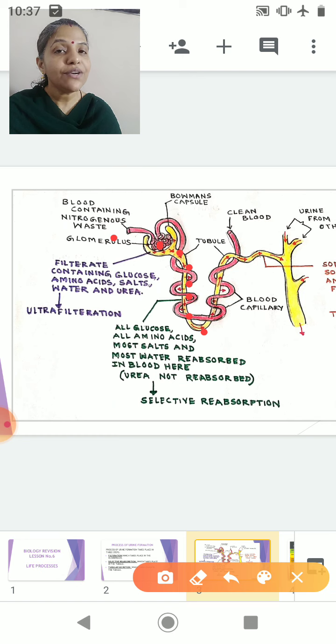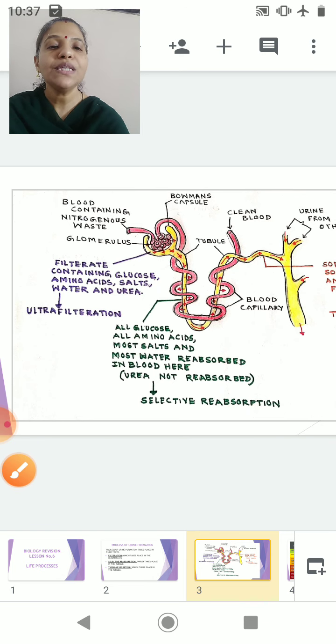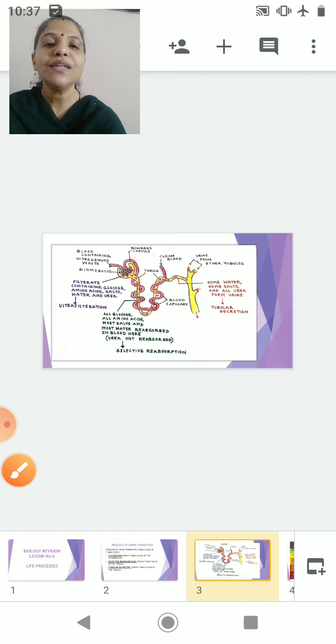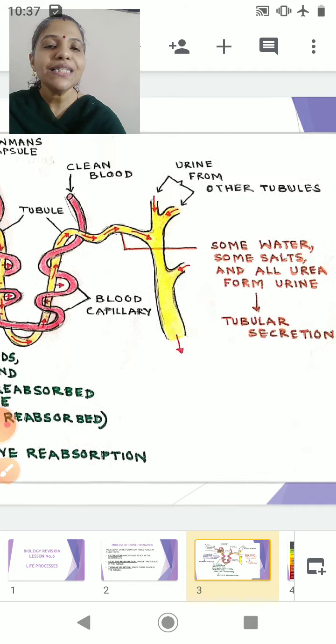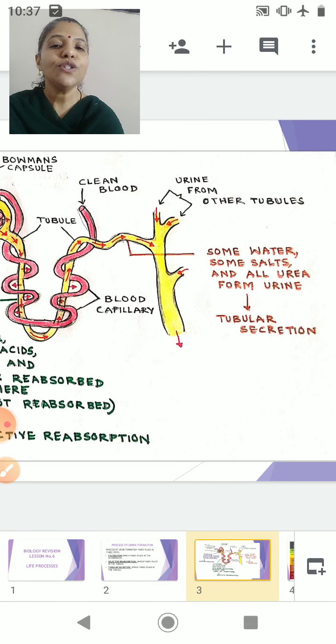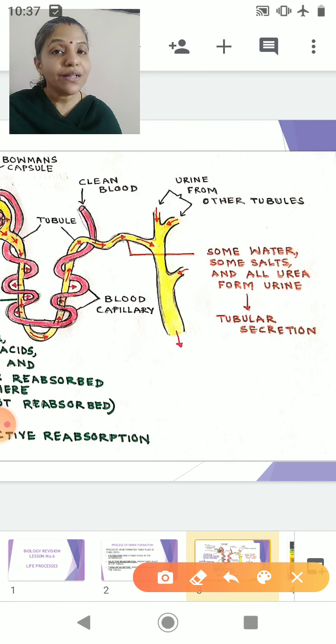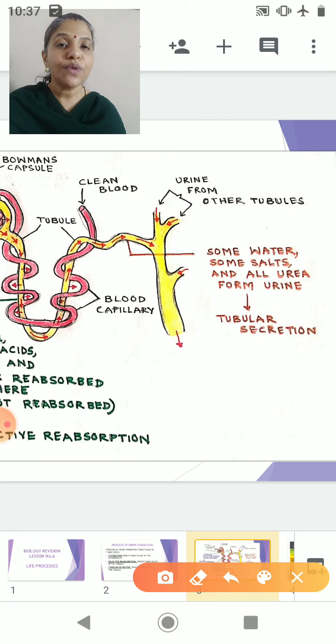Now after ultrafiltration and selective reabsorption, let us go to the third process, and that is nothing but tubular secretion. So now let us see the tubular secretion here. Now students, as I told you, when the blood is getting filtered, urea, amino acid, glucose, water, salt, all the substances are going to get filtered.